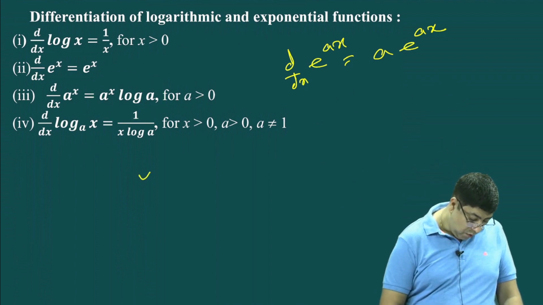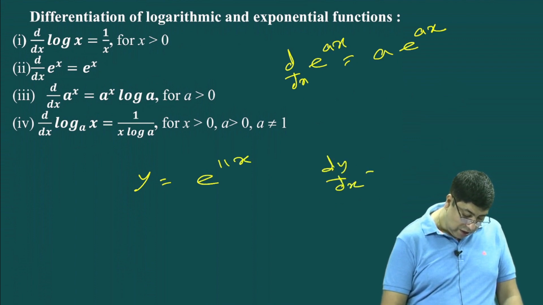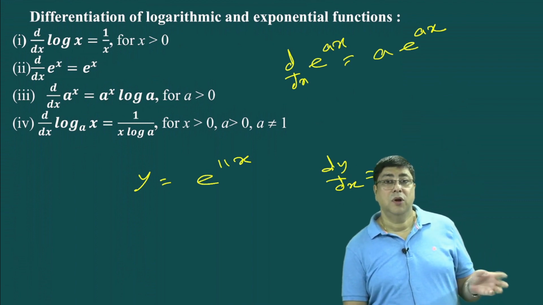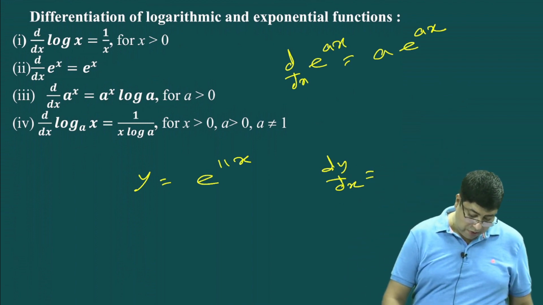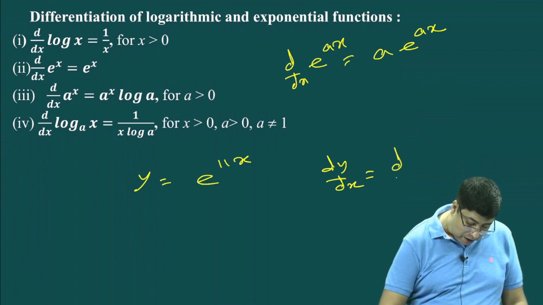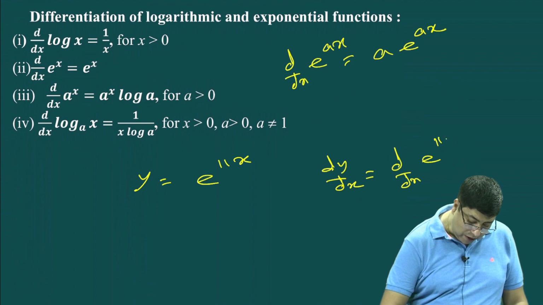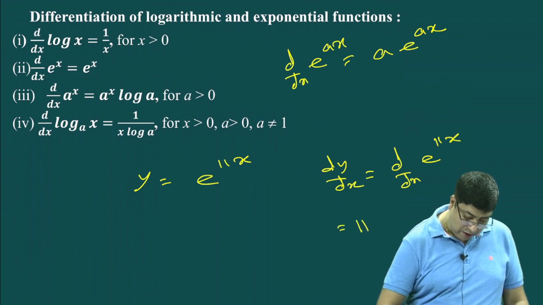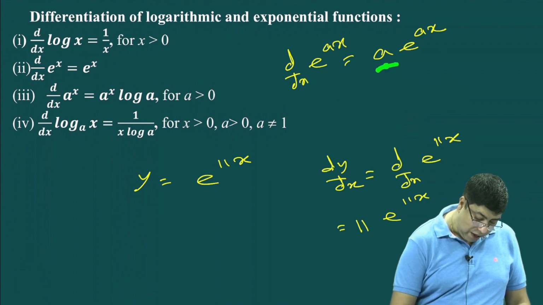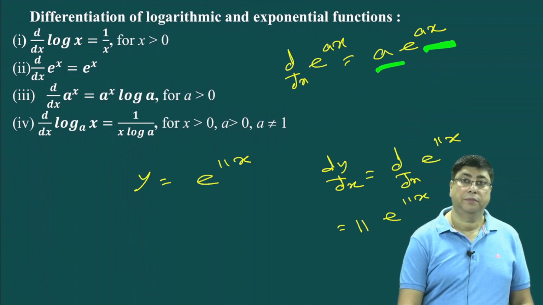For example, y = e to the power 11x. If we differentiate, d/dx is called the differentiation, d/dx is called the derivative. To differentiate, it has a lot of names, like you have a lot of names in your home. So if we apply d/dx of e to the power 11x, we get 11 e to the power 11x, like this, a e to the power ax.